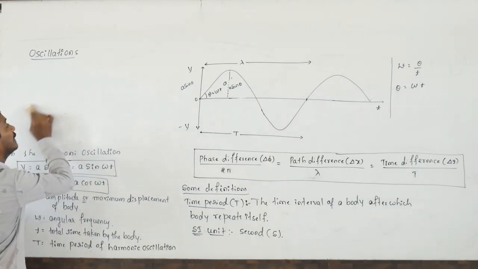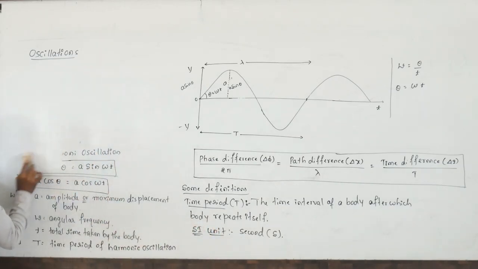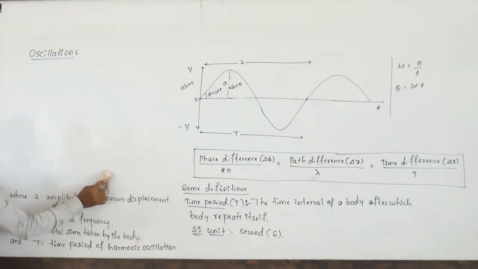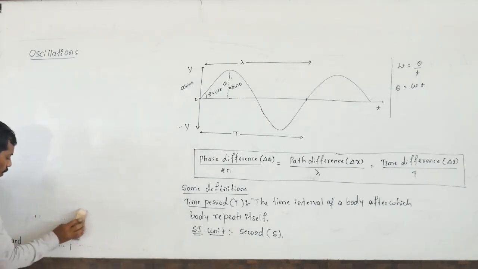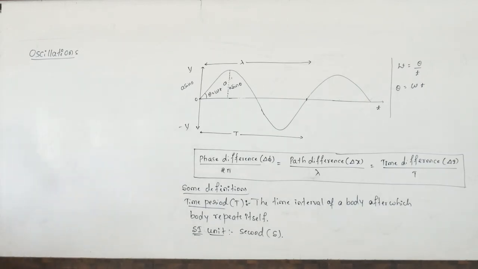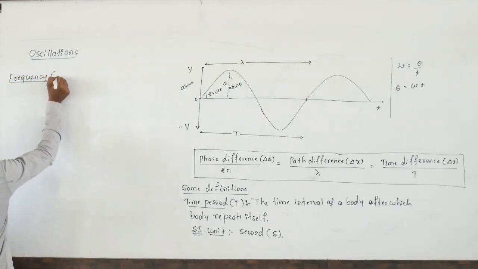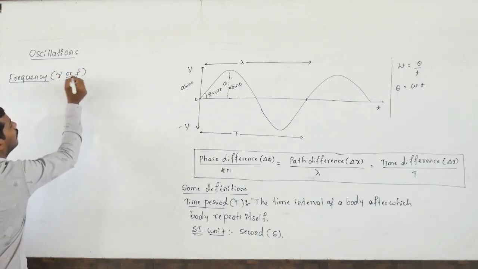It is the reciprocal of the time period, or the number of oscillations made by the body per second, or the number of revolutions of the body per second. It is denoted by nu or small f.